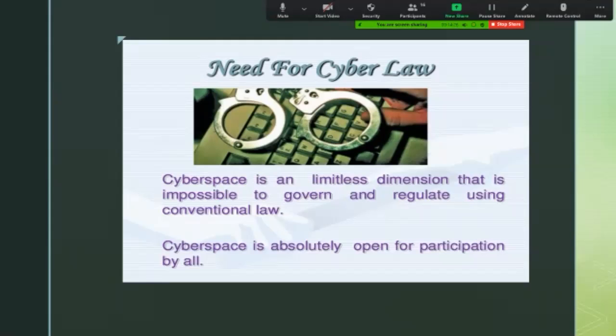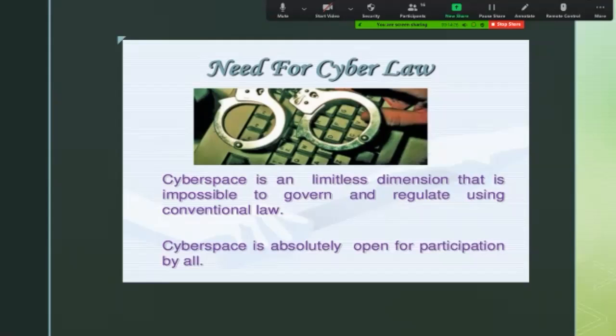As I have discussed, the cyber laws in India are the Information Technology Act 2000 and the Information Technology Amendment Act 2008. The primary source of cyber law in India is the Information Technology Act 2000, which came into force on 17th October 2000.